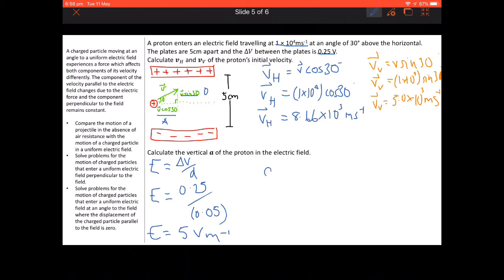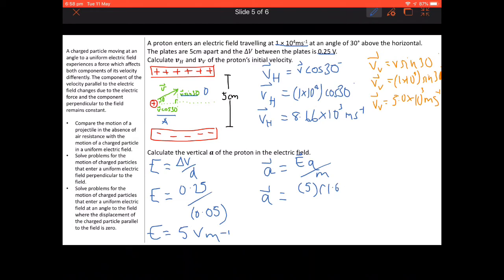To then calculate our acceleration, we use our acceleration formula, which is the electric field by the charge divided by the mass of the charge. Our electric field, as we just determined, was 5 volts per metre.